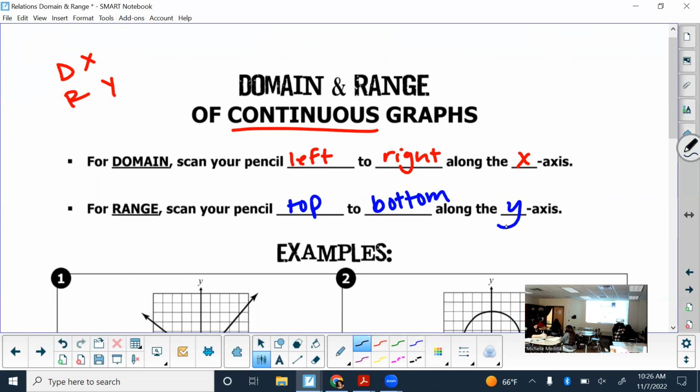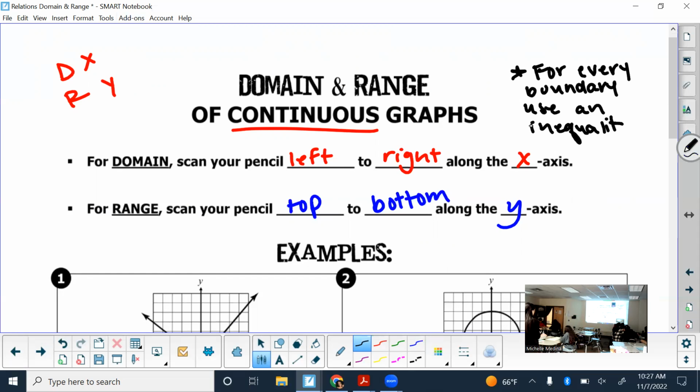All right, and then if you want to put this somewhere maybe in the margin, for every boundary, use an inequality symbol. All right, so that'll make sense once we do a few examples.